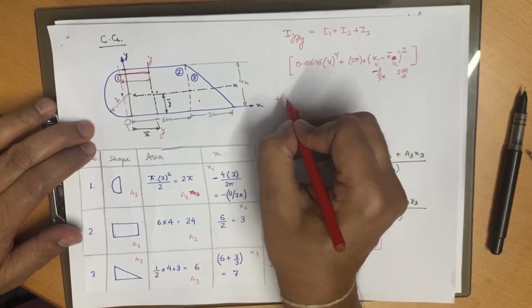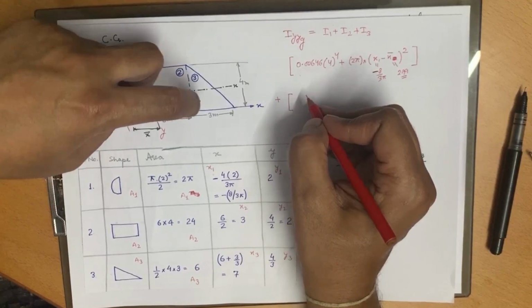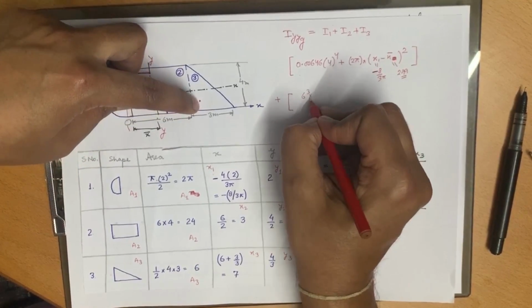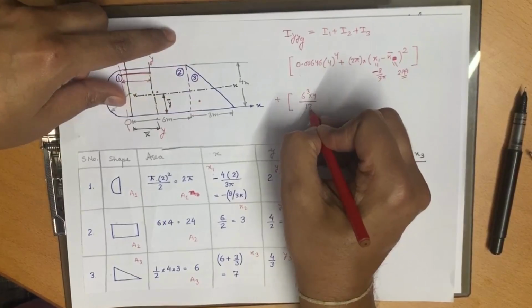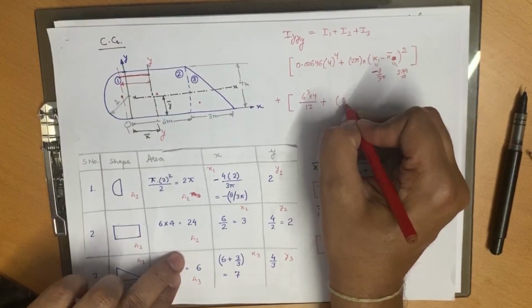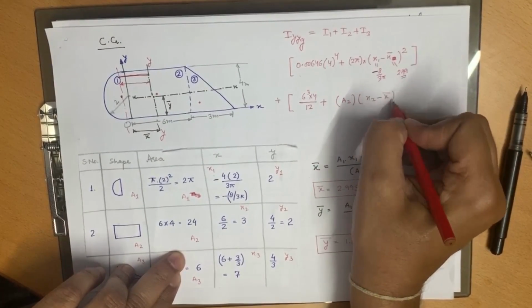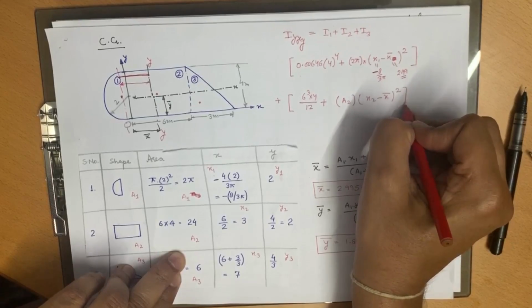For the second shape, we know it is 6 cube into 4 upon 12, plus area A2 multiplied by x2 minus x bar whole square.